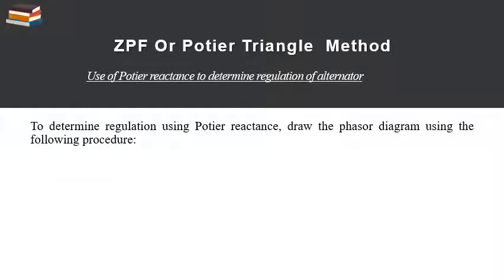Next is use of Potier reactance to determine regulation of the alternator. अब हम Potier reactance से voltage regulation कैसे निकालेंगे वो हम देखते हैं. To determine regulation using Potier reactance, draw a phasor diagram using the following procedure.